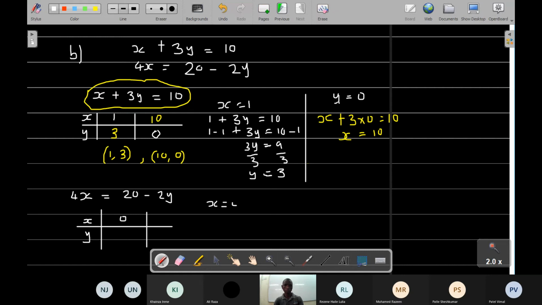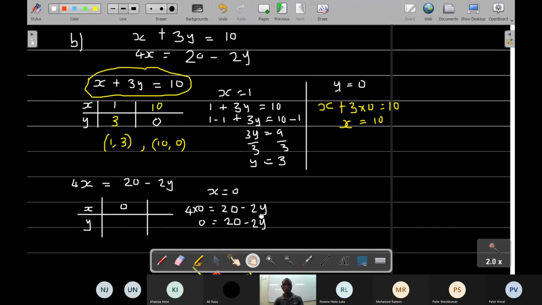When x is 0, what is y? 4 times 0 is 0. So 4 times 0 is 0 equals 20 minus 2y.